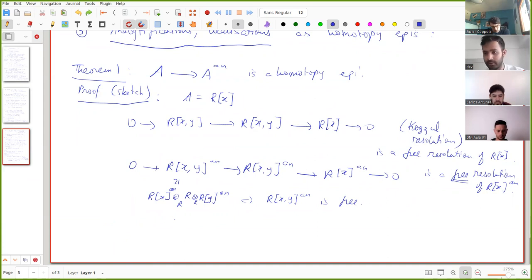That is, when I start with a projective resolution of R[X] and I tensor on both sides with the analytification, then this resulting thing is a resolution. So this says that R[X] to its analytification is a homotopy epimorphism.